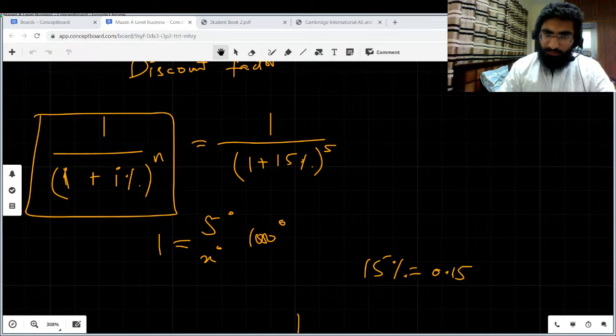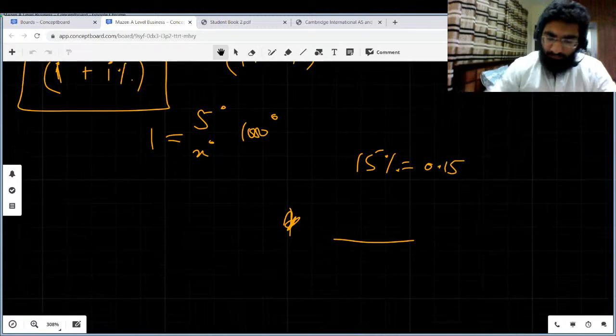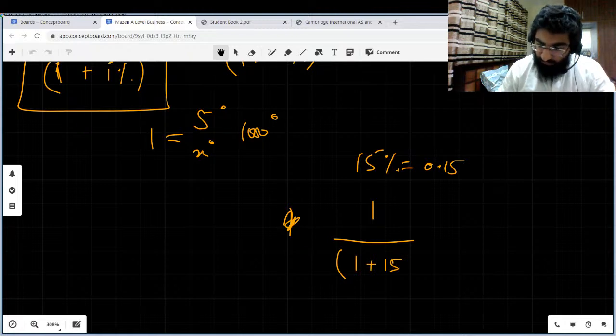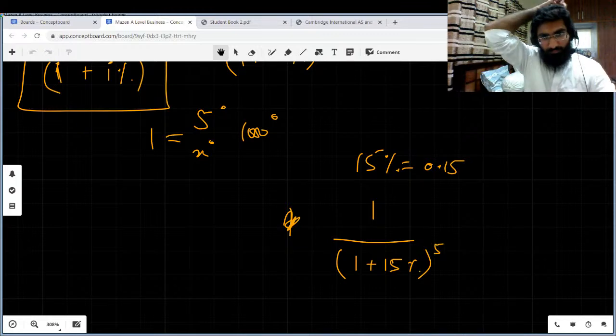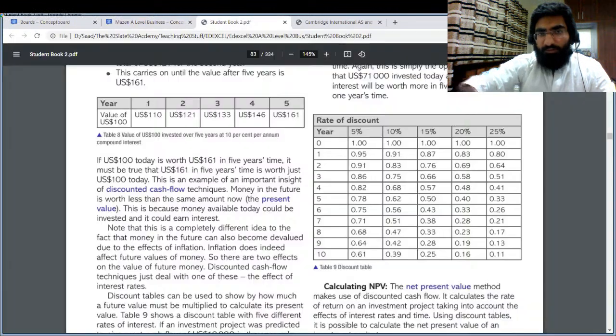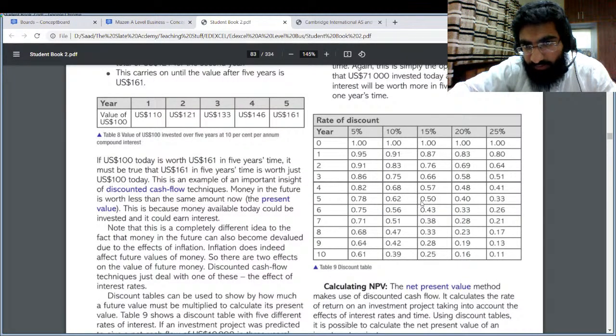Then in the numerator you write 1. In the denominator you put bracket, 1 plus 15, then you put the percentage sign, shift bracket, bracket close, then power 5. 0.49, which is 0.5. This is how we got this 0.5.